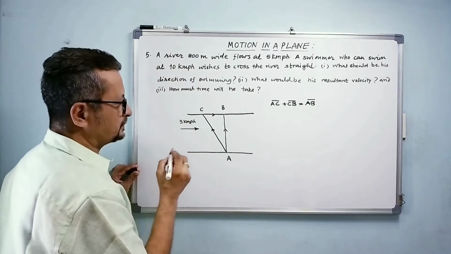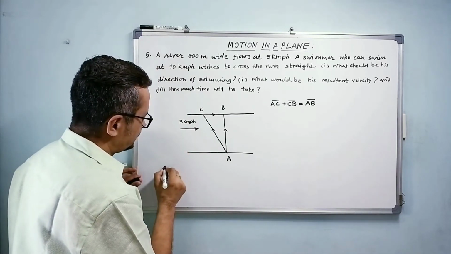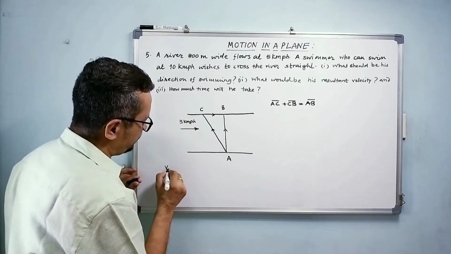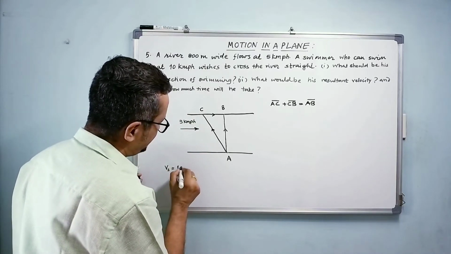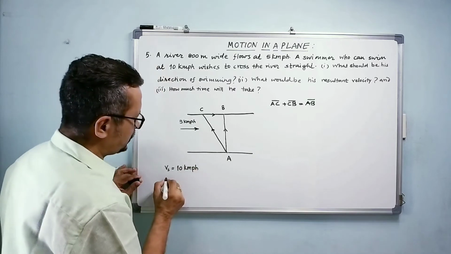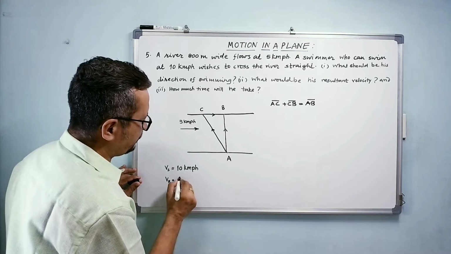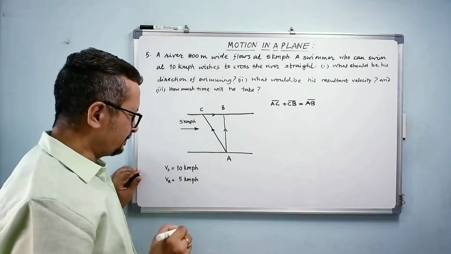So I would say velocity of swimmer in still water is equal to 10 kilometer per hour, and velocity of river is equal to 5 kilometer per hour, correct?